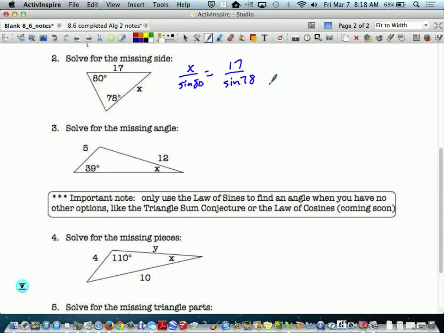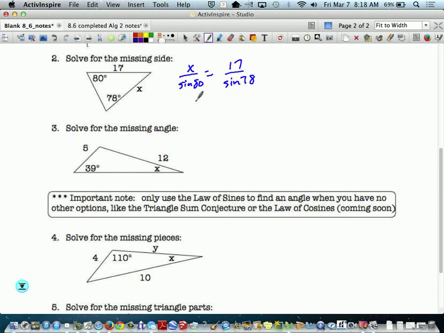So an isosceles means if the two angles are the same, the two sides will be the same. So when I get done, I already know if 78 degrees is a length of 17, 80 degrees will be slightly more than 17, right? It's a little bigger angle, so it should have a little bigger partner side.